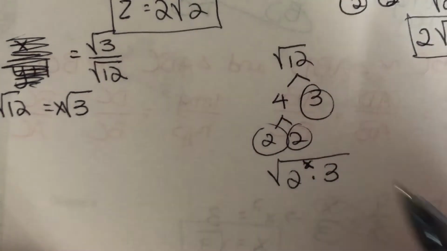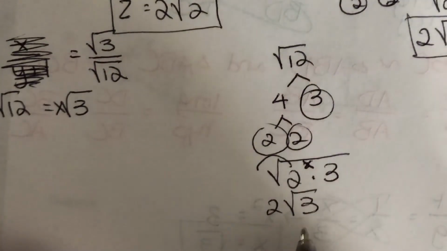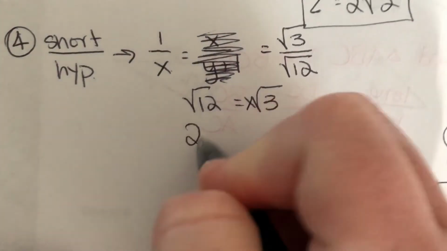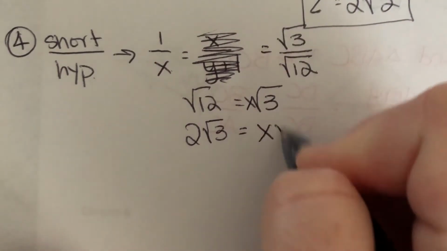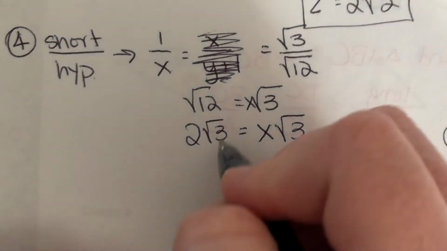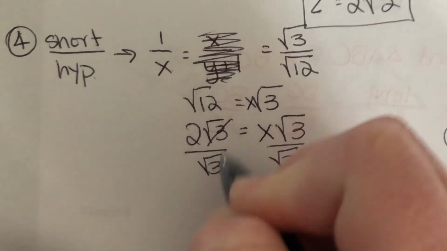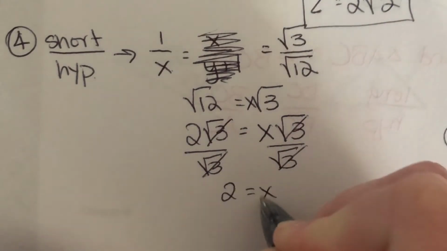And this 2 has this little ticket out, so it hops out front, 2 square root of 3. So square root of 12 is the same thing as 2 square root of 3. So I can rewrite it here, 2 square root of 3, and that's equal to x times the square root of 3. So then what must x be, right? We can divide both sides by square root of 3. These cancel, and I'm left with 2 equals x.